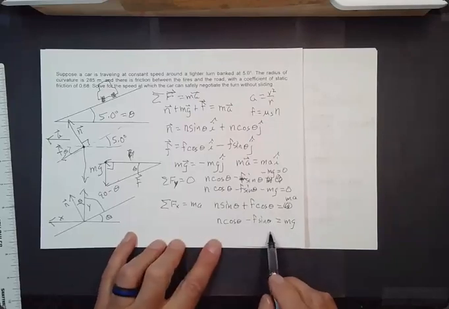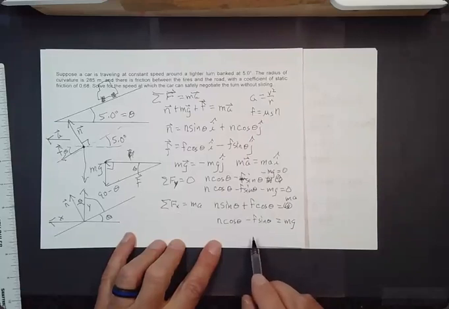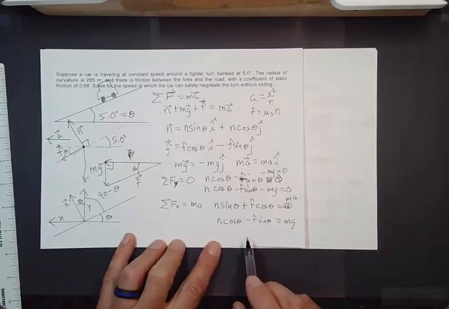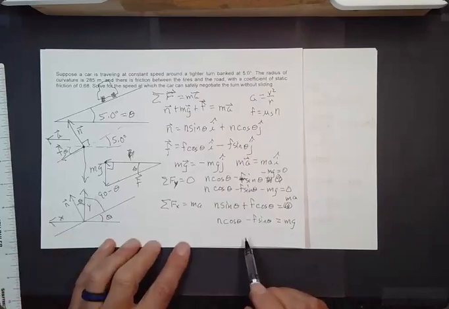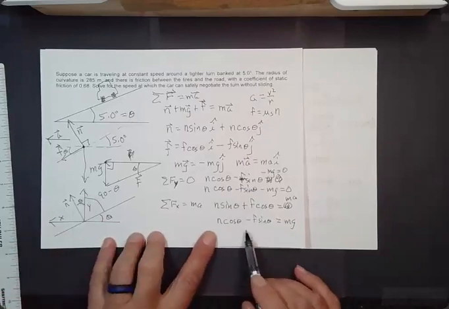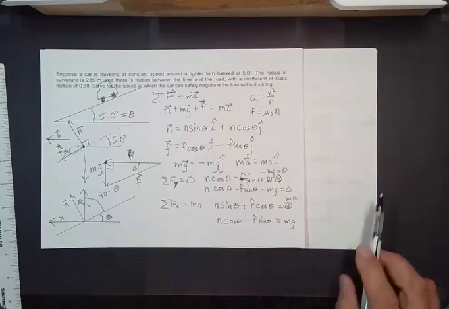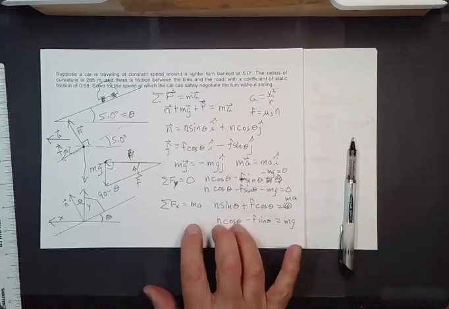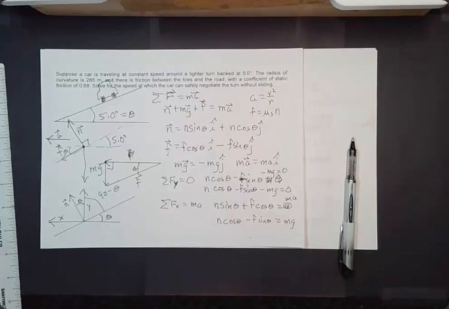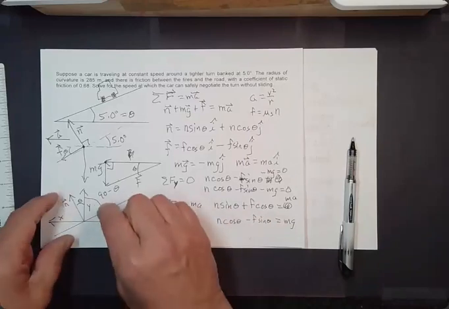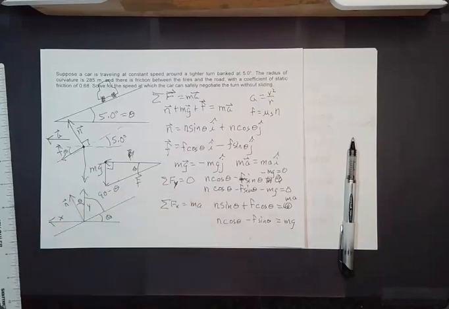I may stop here and think about this again, and I might just back up and go with a tilted coordinate system unless I can figure out a tidy way to do this. But it'll take me a minute to do that. If I was doing this and it was a homework assignment, I'd back up and tilt the coordinate system and not have those components on F and N.